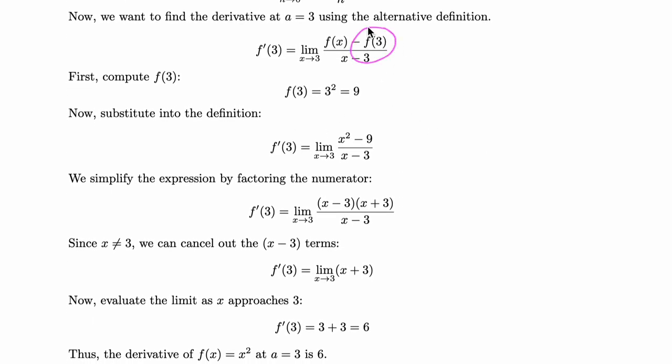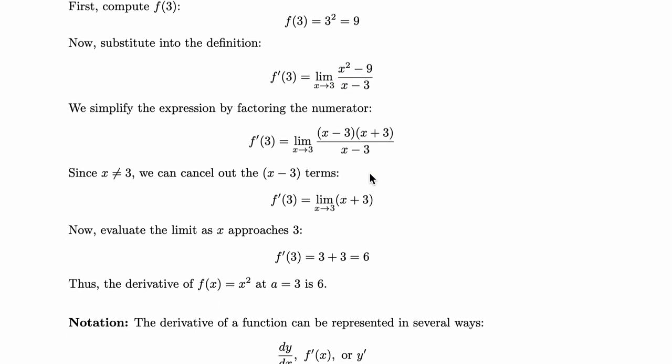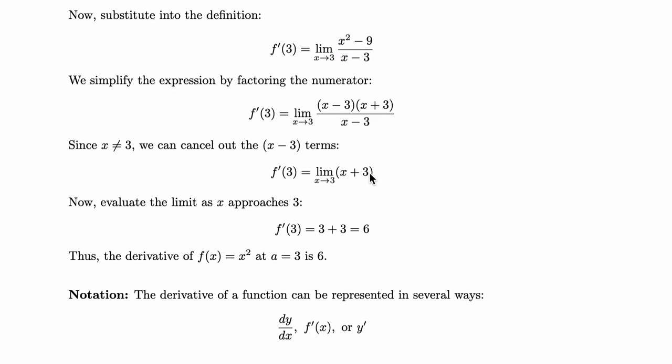First things first, f of 3, if our function is f of x equals x squared, we're just going to take 3 and plug it in here. 3 squared is 9. So that's how we got to this part here. And of course, f of x is just x squared, so we literally just rewrote that. Now, what do we have to do? Well, we have to factor our numerator.